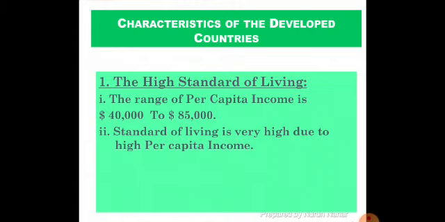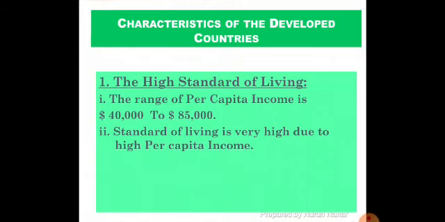Now I will discuss the characteristics of the developed countries of the world. First one is the high standard of living. As you know, standard of living depends on the per capita income of the people of a country. So, the range of per capita income of a developed country is 40,000 US dollars to 85,000 US dollars.